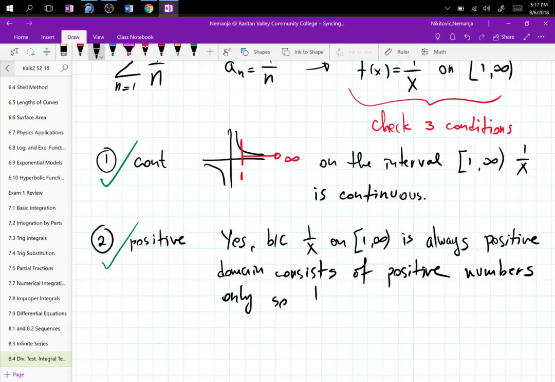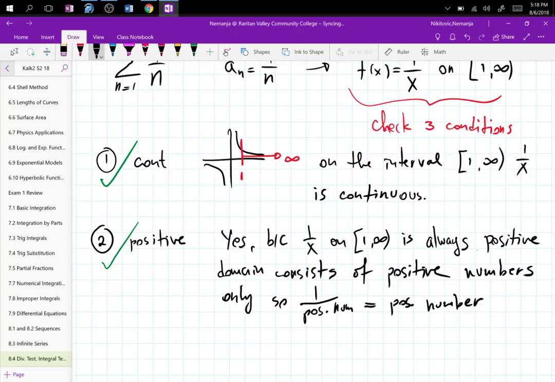So 1 divided by a positive number equals a positive number. So our proof that the function is always positive is right there. You are dividing two positive numbers at all times.